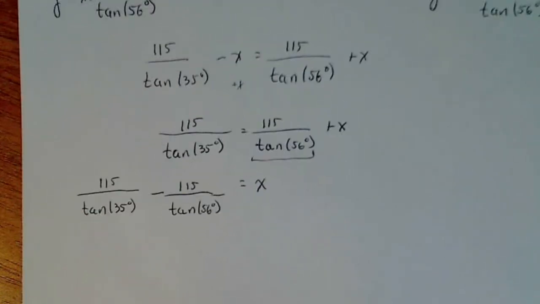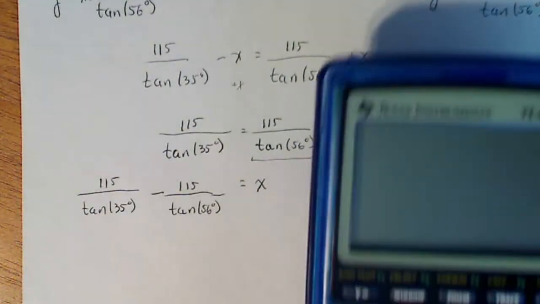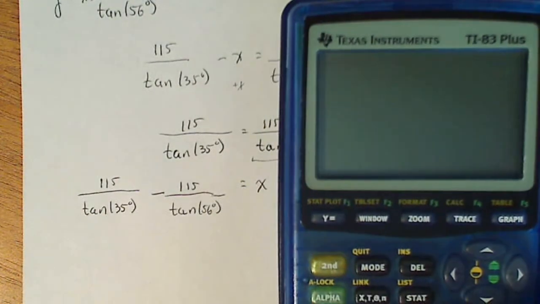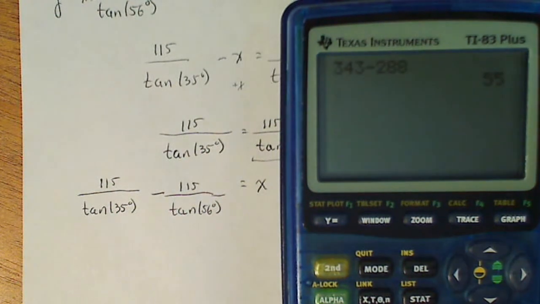So I'm going to type this into the calculator. 115 divided by the tangent of 35 degrees. Make sure that you're in degree mode, or you can go to second angle and put in a degree symbol, and it'll always think of it as degrees.